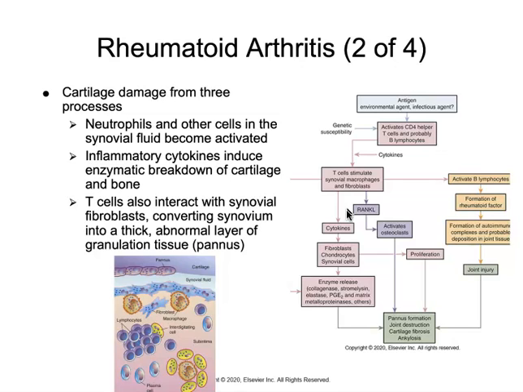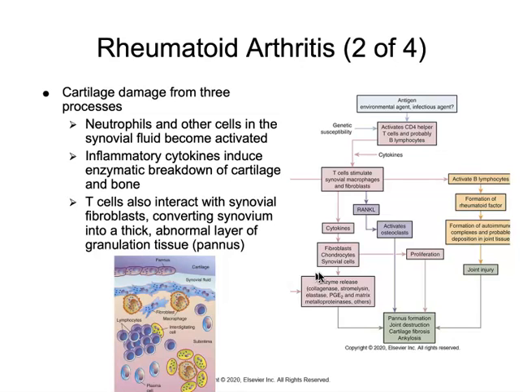First is our neutrophil activation, where our neutrophils and other immune cells in the synovial fluid become activated and start releasing enzymes that are going to cause some damage. Then we are going to have our cytokine-induced damage. Again, inflammatory cytokines, in this case our TNF-alpha and interleukin-1, will drive enzymatic breakdown of our cartilage and our bone.